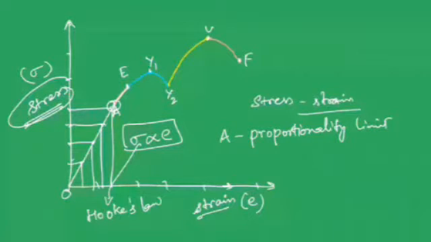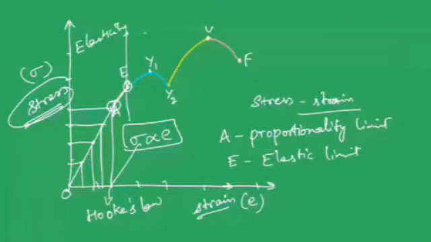From A to E, this point E has a lot of significance. E is called the elastic limit, and it is the point up to which the material will exhibit elasticity. Beyond this, it will be exhibiting plasticity. Now, what is elasticity? This is the state of the material, the deformation up to which the body can regain its shape.